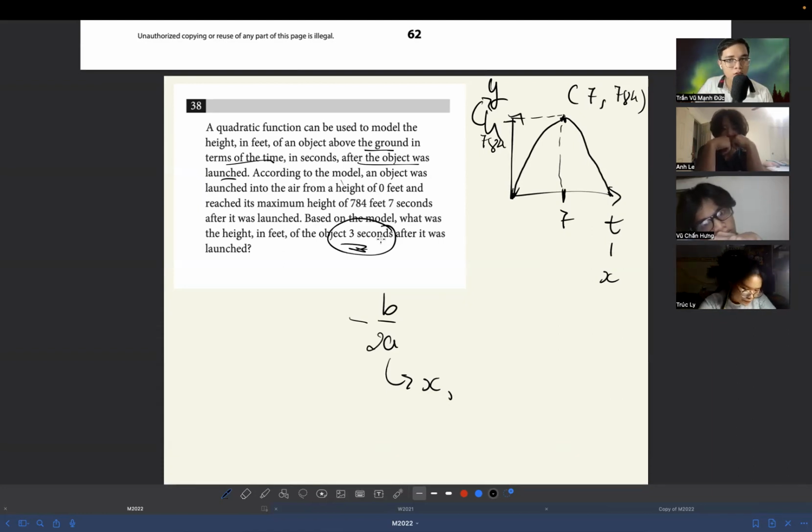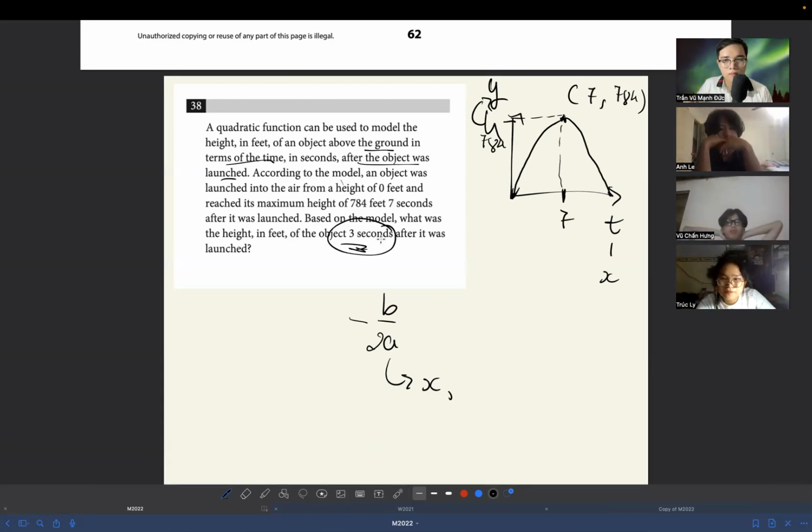A quadratic equation, if I have the vertex and I need the equation, what do I do? Don't be shy. Anyone, give me the answer if you have it. It's a very simple question.